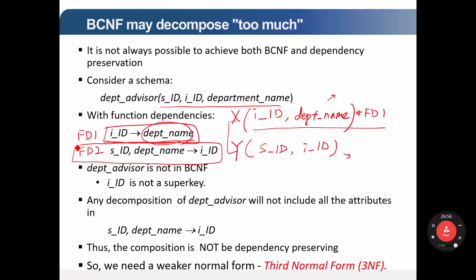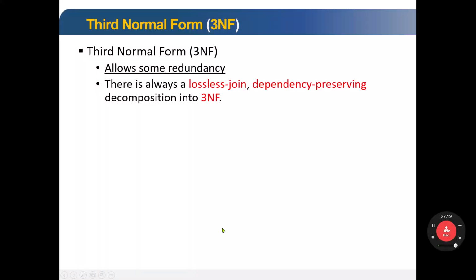FD2, this functional dependency, was lost by this decomposition. So BCNF doesn't preserve functional dependencies in some cases. So this decomposition is not dependency preserving. Therefore, people wanted to weaken the condition of BCNF, and they proposed 3NF.